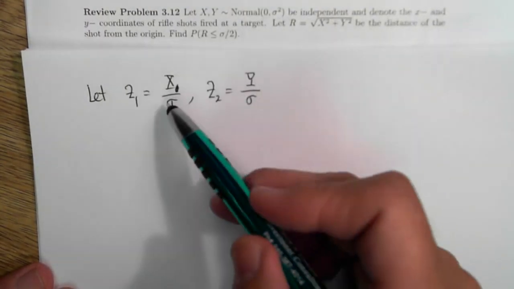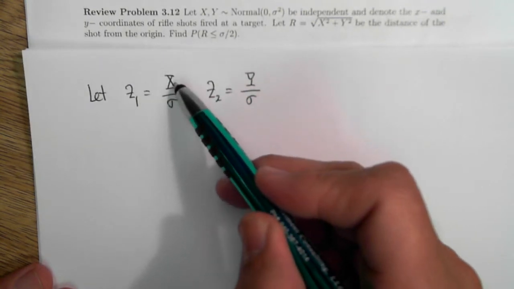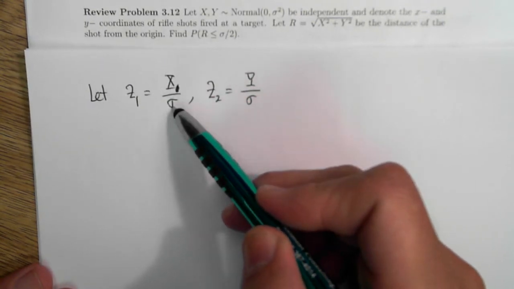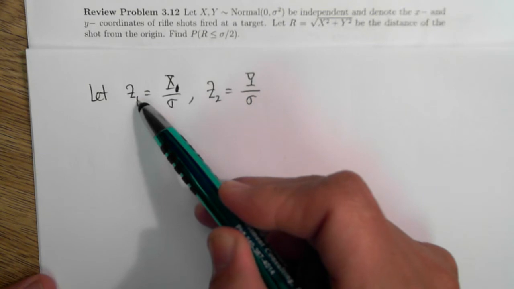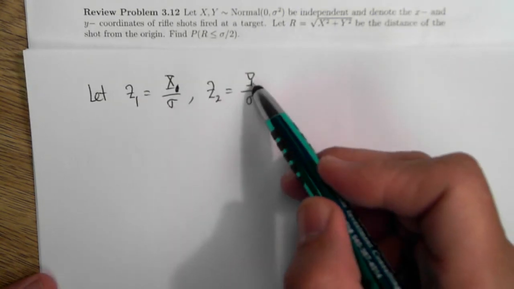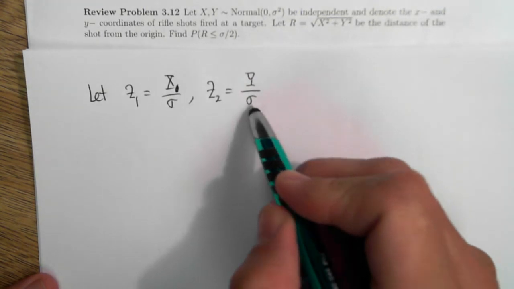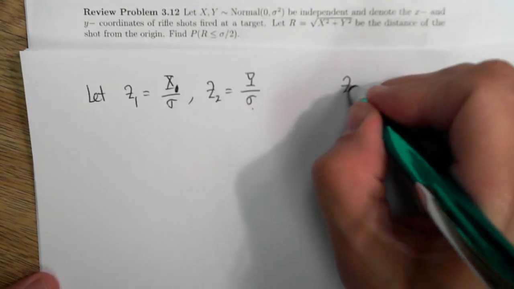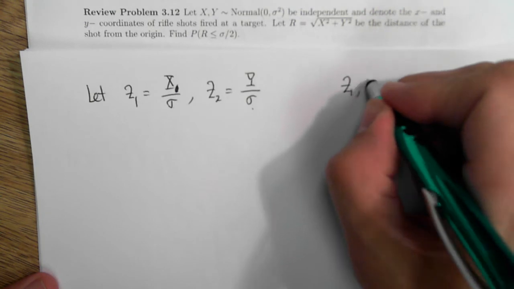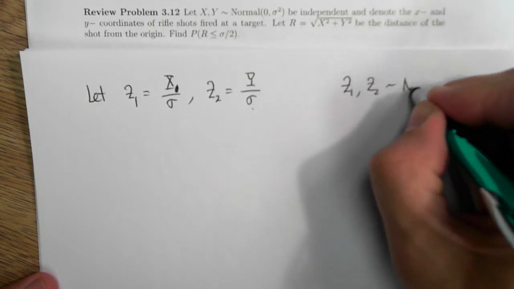Now, why do I do this? Well, if I take this random variable, subtract the mean, 0, and divide by the standard deviation, that is now standard normal. Likewise with this one, if I take y minus its mean and divide by its standard deviation, this will also be standard normal. So z1 and z2 are standard normal.